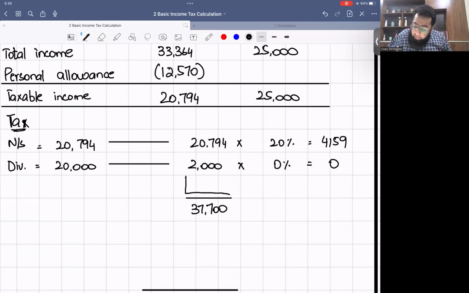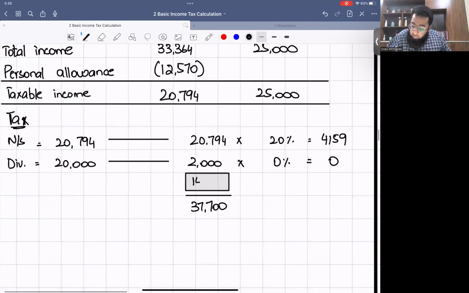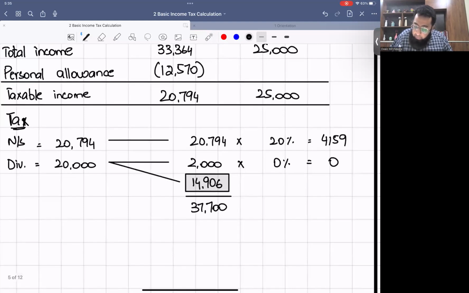Now let's look at the remaining space in the basic rate band: 37,700 minus 20,794 minus 2,000. So it's 14,906. Basic rate band, dividend income, 8.75%. So this will be 1,304.